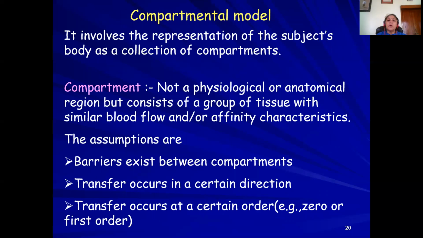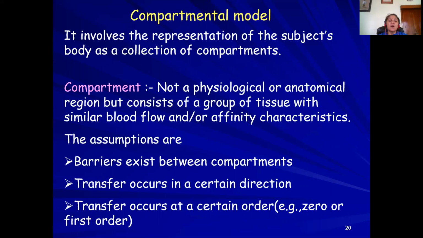Now let's come to the compartment model. This involves the representation of the subject's body as a collection of compartments. It is not real, it is imaginary, it is hypothetical. The compartment is not a physiological or anatomical region, but it consists of a group of tissues with similar blood flow or affinity characteristics.